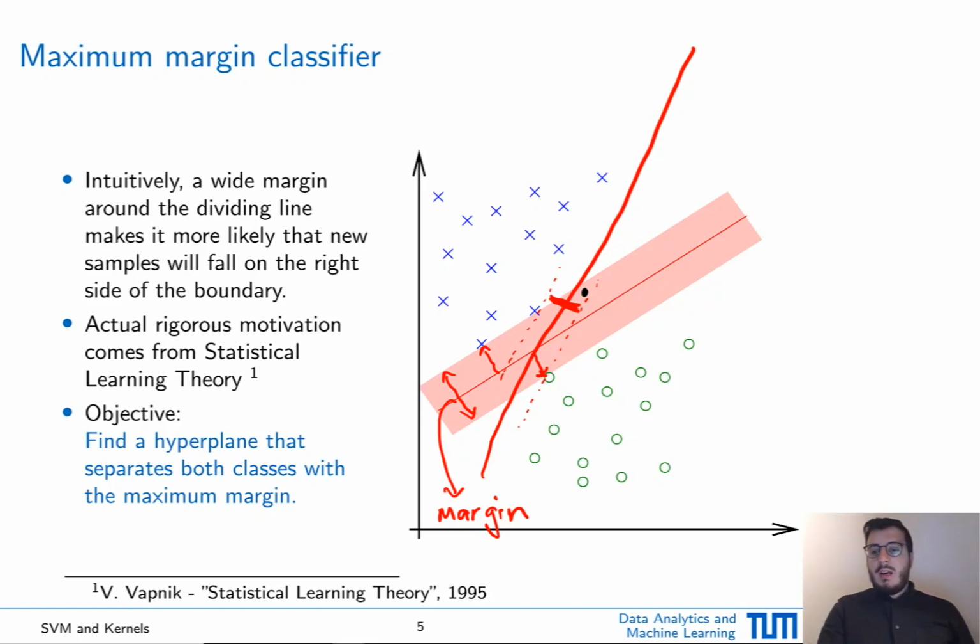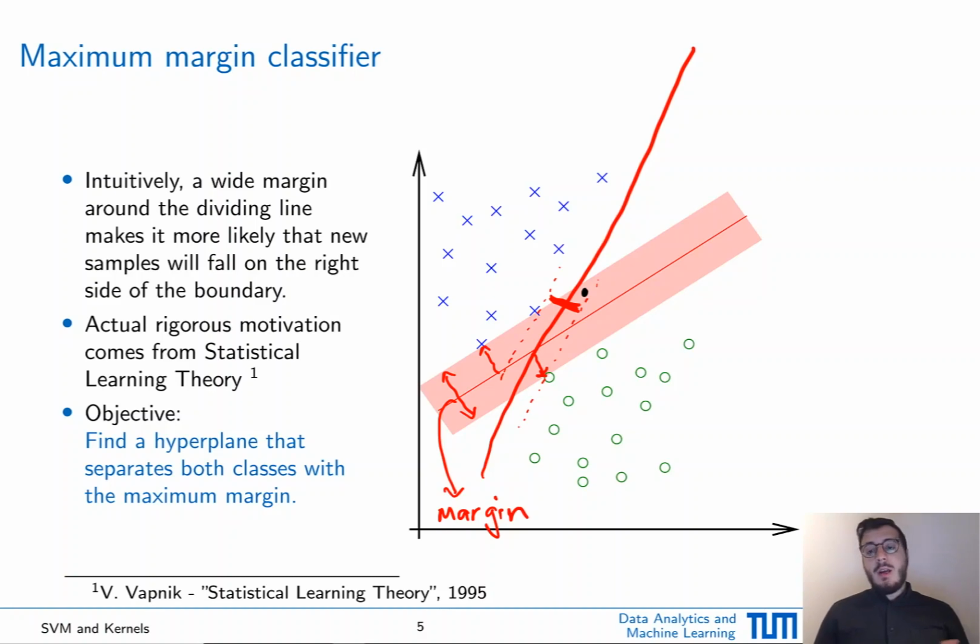But looking at this picture, intuitively you would say that this new dot, the black dot, should be classified as blue because it's closer to other data points which belong to the blue class. And in general, it is true that hyperplanes which have a larger margin tend to lead to predictions which are better on unseen test data.